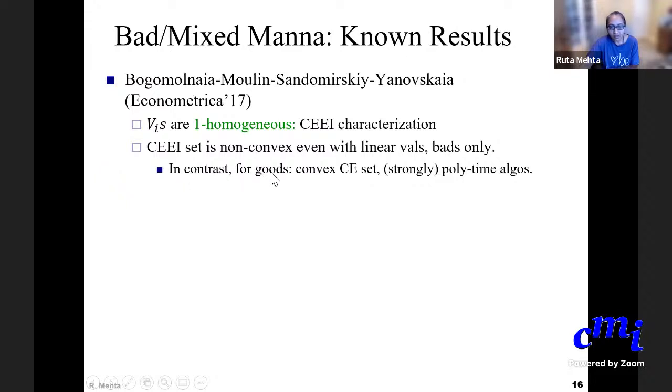In contrast, for goods, there are convex programming formulations for this problem. So we know that the CEI set is convex, and there are really fast algorithms, strongly polynomial, meaning let's just stick to polynomial. Whenever we have non-convexity in the solution set, it becomes tricky to get a polynomial time algorithm.